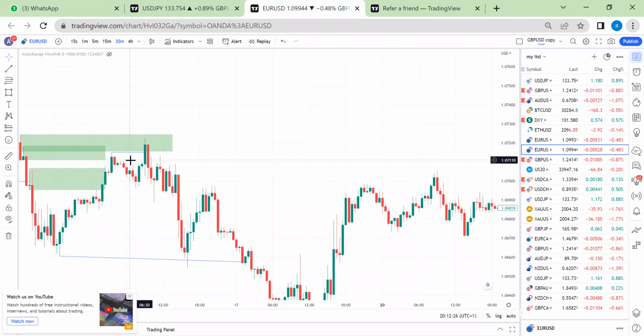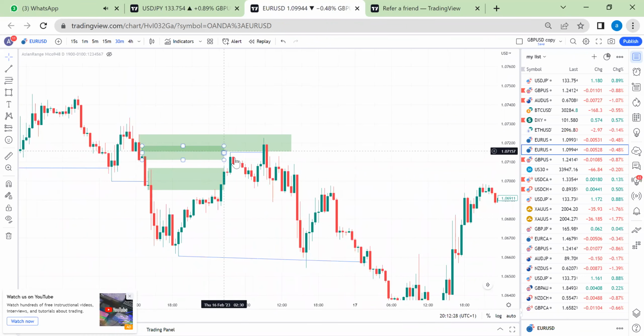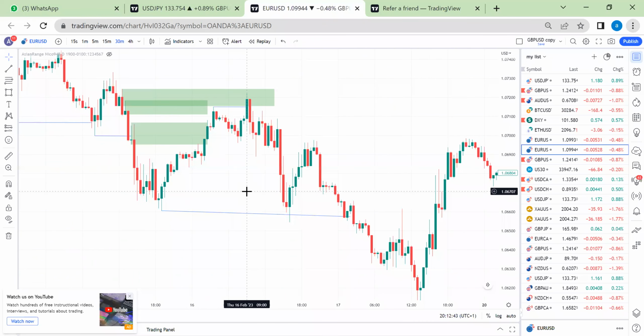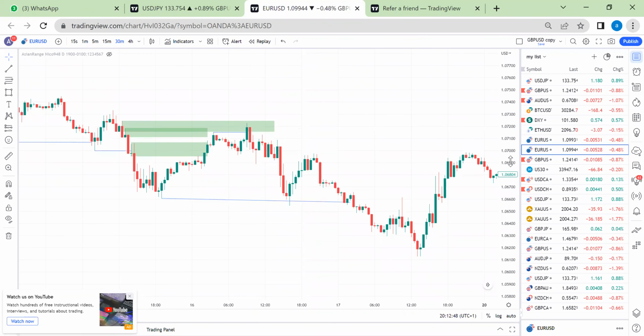So this is actually the kind of buy side liquidity I was telling you about the other time. As you can see, price came back up, cleared it off, and tapped into this other block higher before moving down.